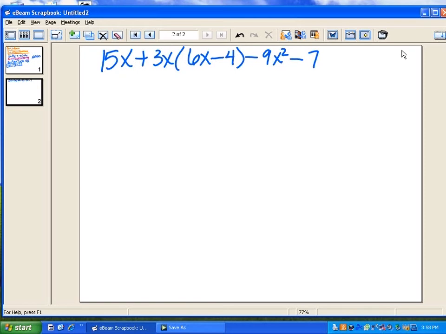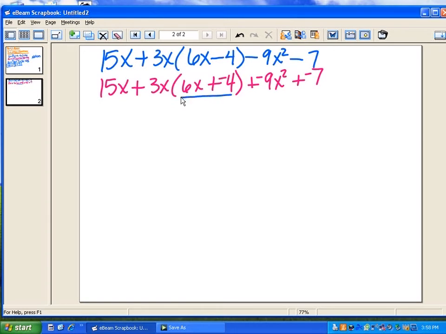And so again, I'm going to rewrite my problem, changing all of my subtraction signs to addition. I'm not going to worry about anything except changing those subtraction signs. And this is going to save you when you do your multiplication, to make sure that you don't drop anything, especially those negatives. So in order to solve my grouping symbols, I have to distribute this 3.